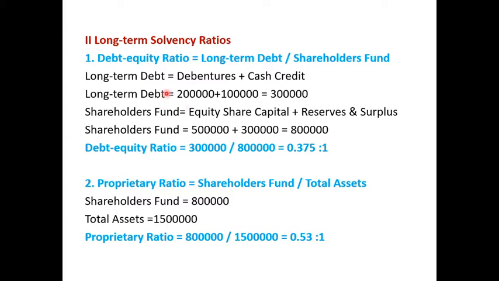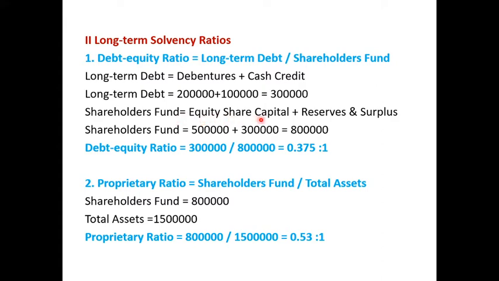Next, long-term solvency ratios. The first one is debt equity ratio. The formula for this is long-term debt divided by shareholder fund. First, we need to calculate long-term debt. That is debenture plus cash credit. Only two long-term debts are given in the problem. Now, long-term debt is rupees 3 lakh. Next, shareholder fund.